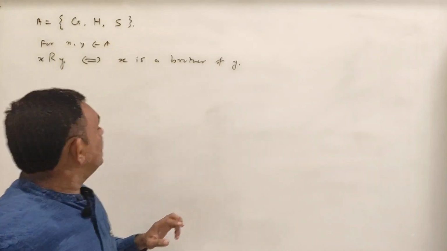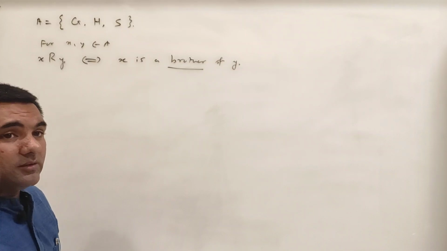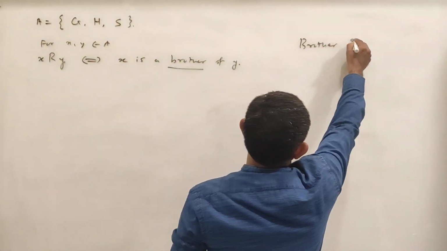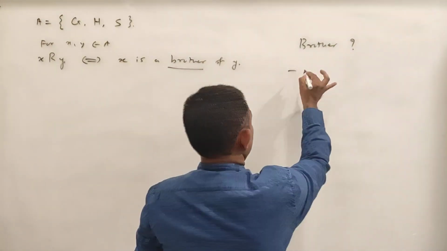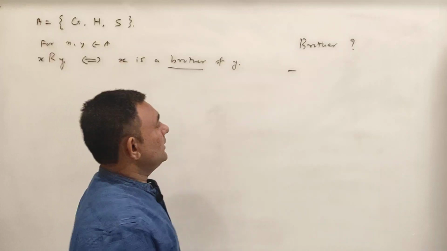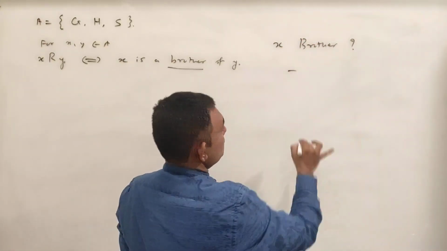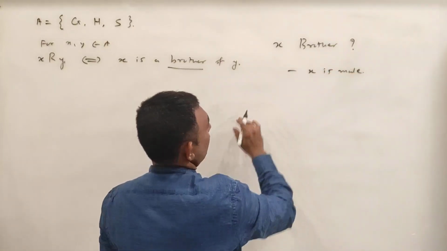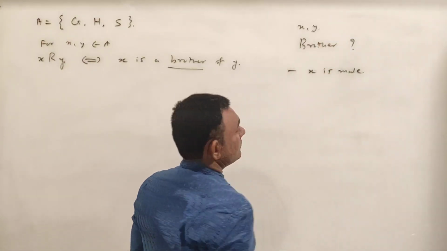So for that we have to make clear the definition of brother. What do we mean by brother? What is the definition of brother? So we define what a brother is. When we say X is a brother, X is male. When I say X and Y are brothers, it means what?